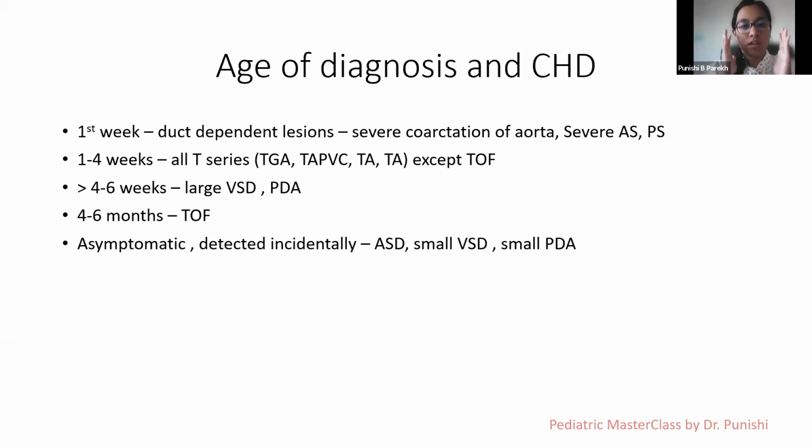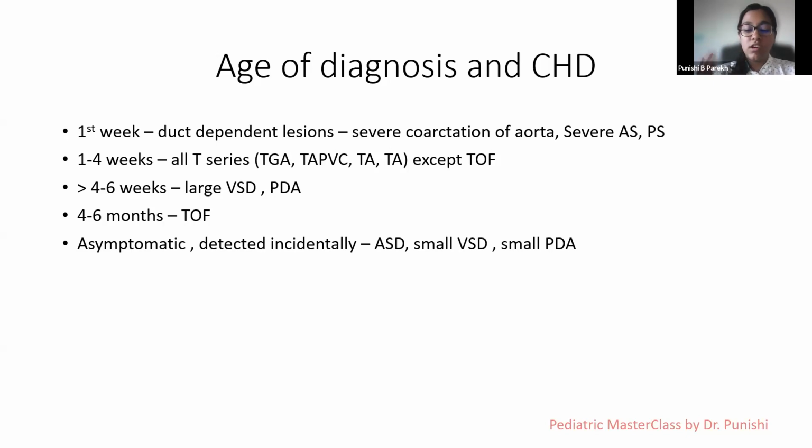But if you're looking at TOF on a broader aspect, usually TOFs present at about 4 to 6 months of age. So it's not that TOF cannot present at birth, but commonly, TOF presents at 4 to 6 months of age.